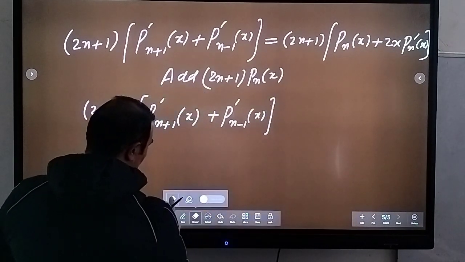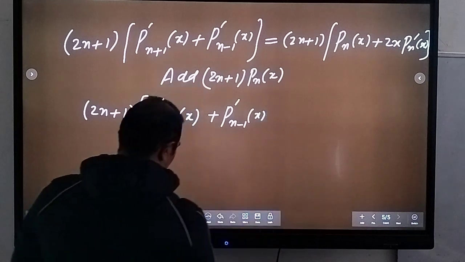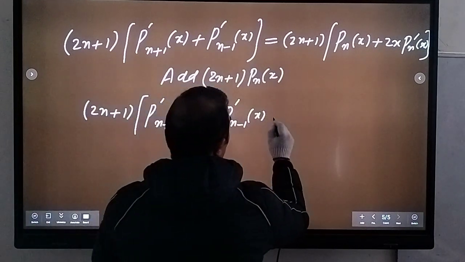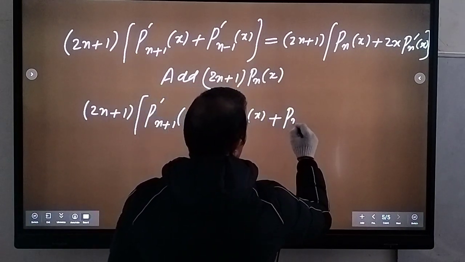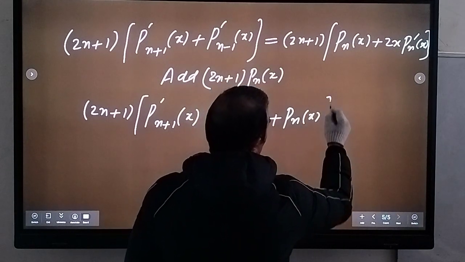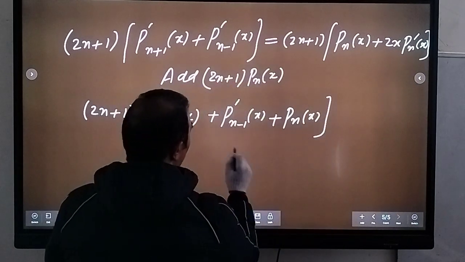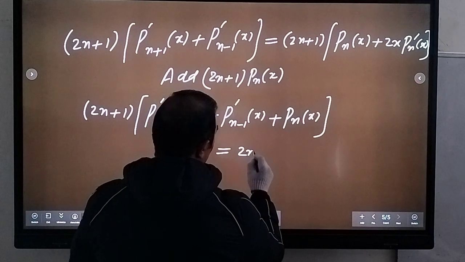Okay, sorry, I should write here one more time. So this is our left hand side. And our right hand side will be (2n plus 1).